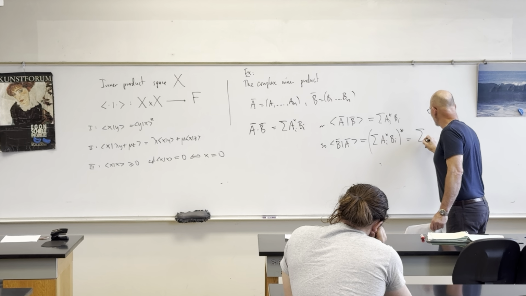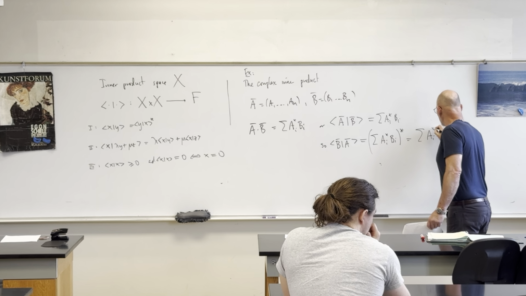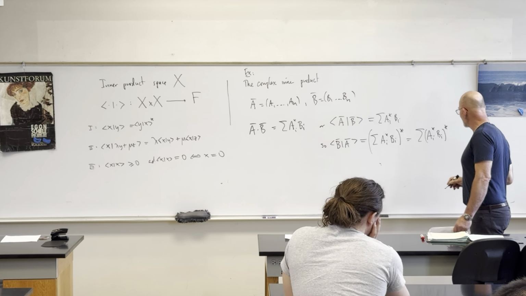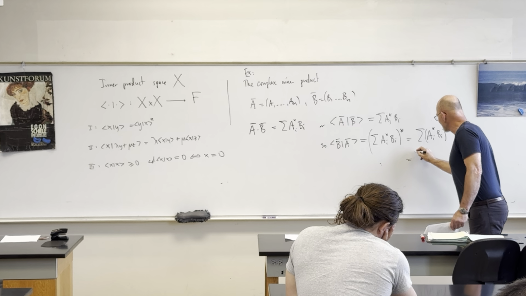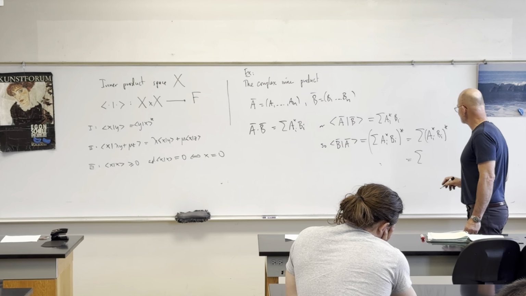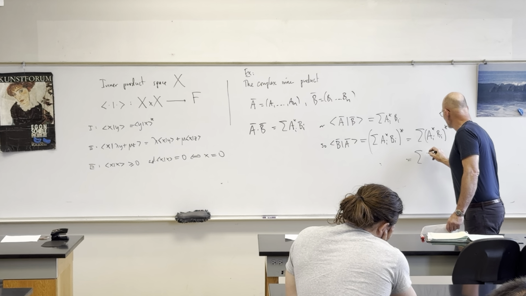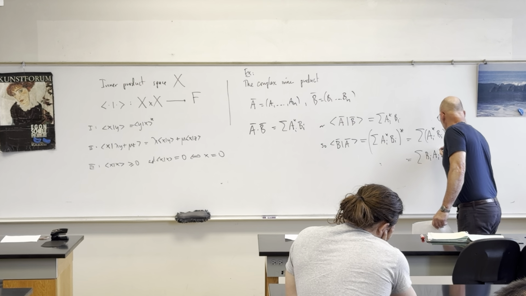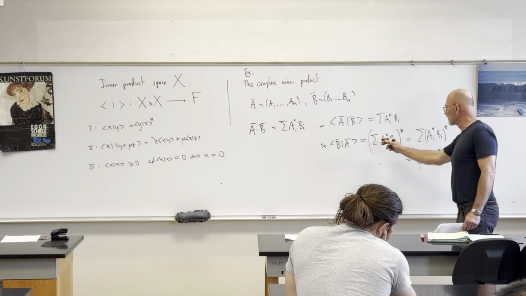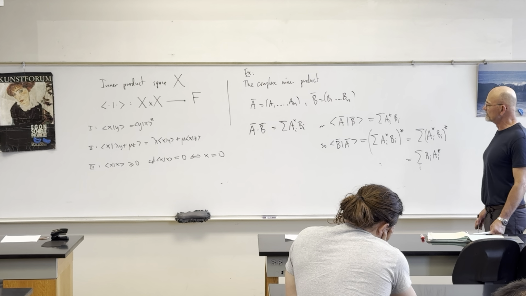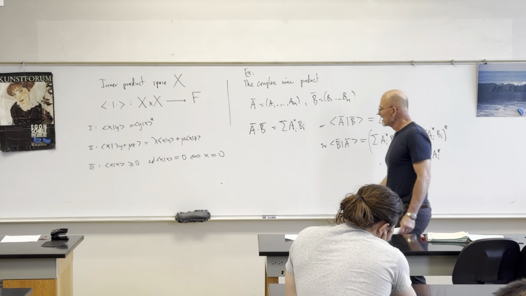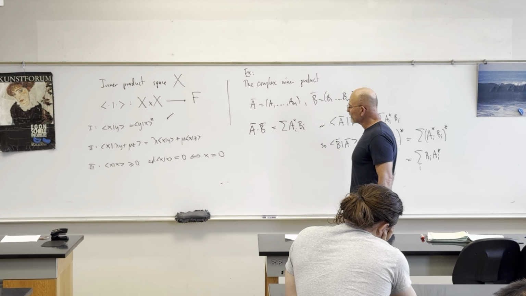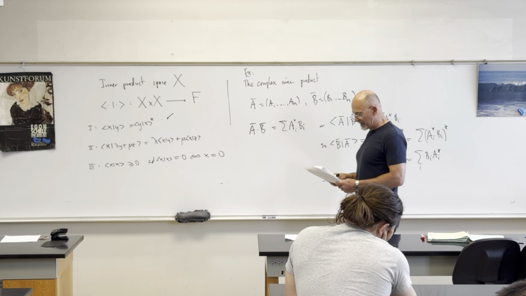So that'll be the sum of a sub i star, b sub i, complex conjugate. And that'll give us b sub i, a sub i star, in keeping with the definition there. So that takes care of that for our complex arrows if we wanted to look at them that way.